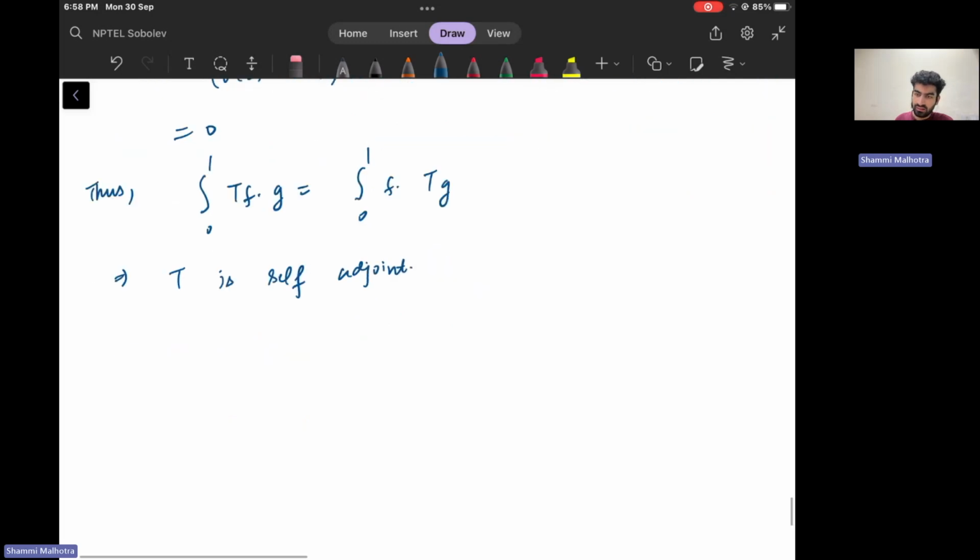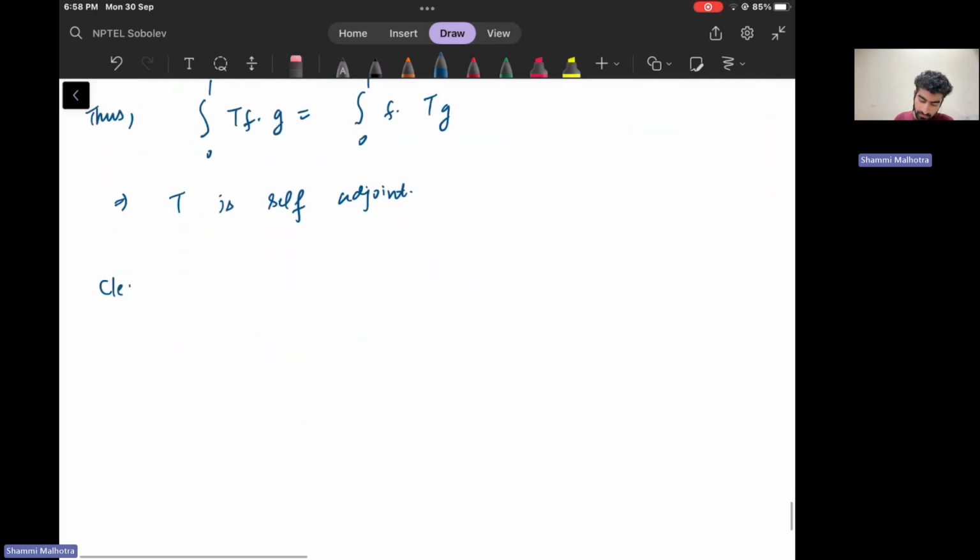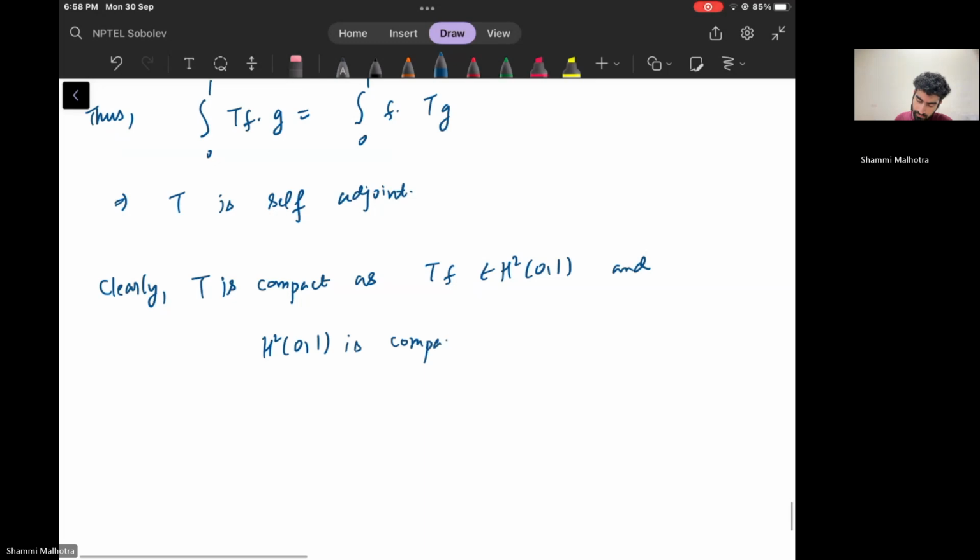And clearly T is compact, as Tf belongs to H^2(0,1), and H^2(0,1) is actually compact in L2(0,1).